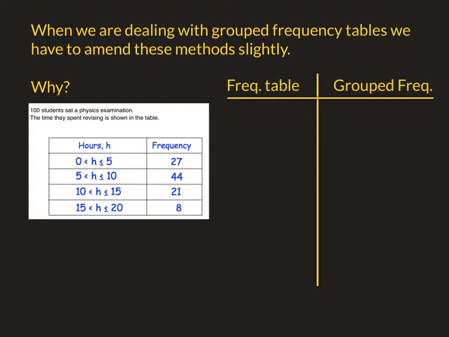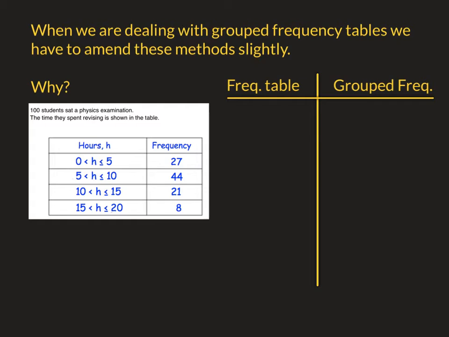It could be all 27 spent 1 hour. The likelihood is they're going to be spread out in there, so I could have 2 that spent an hour, 7 that spent an hour and a half, but I don't know exactly what those values are, and I probably can't find out. So we cannot, for example, use the mode because we don't know which value appears the most. There could be no modes at all.